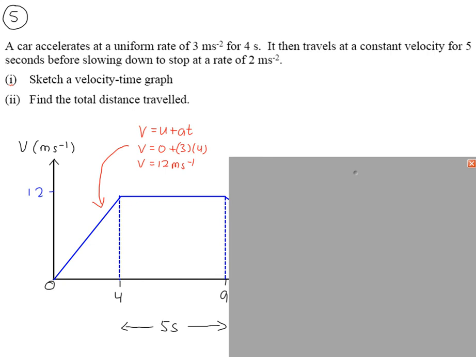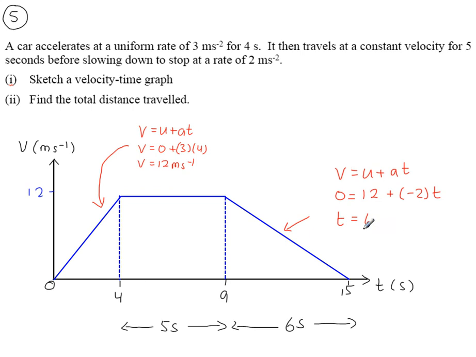So using SUVAT formulae, we can work out the velocity at this point will be 12 meters per second, and then we can calculate the time taken for this part of the journey during its deceleration using v as 0.